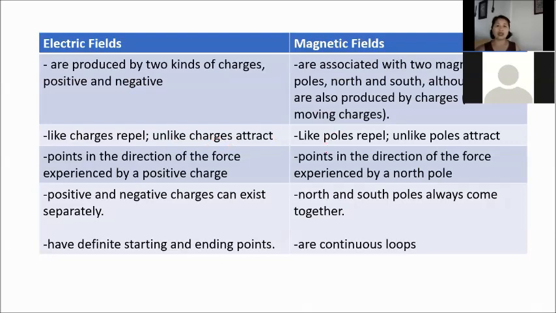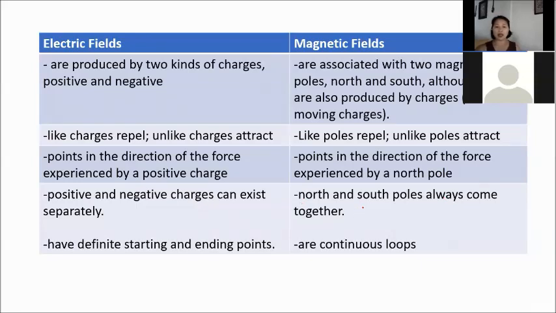In magnetic fields, like poles repel, unlike poles attract. The electric field points in the direction of the force experienced by a positive charge, while the magnetic field points in the direction of the force experienced by a north pole. In electric fields, positive and negative charges can exist separately, meaning a single positive or a single negative alone. But in magnetic fields, north and south poles always come together.